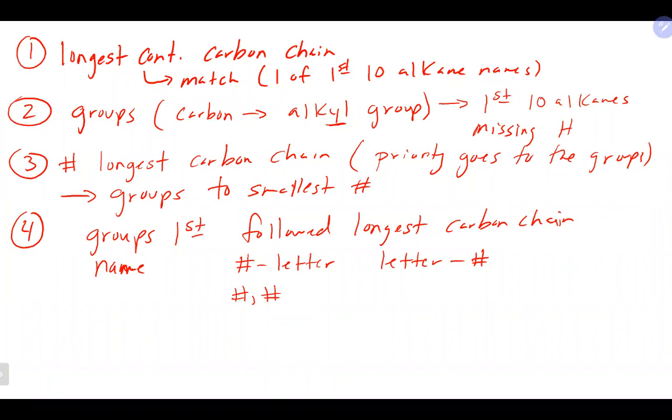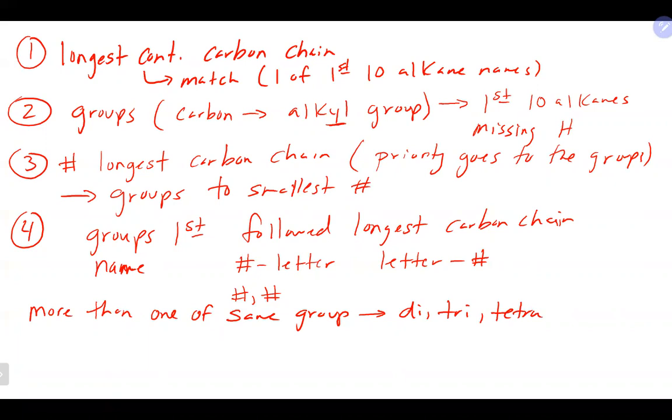Now, when we go to name the groups, it can occur, like it does in this one here, that you might have more than one of the same group in the actual compound. When you have more than one of the same group in the compound, we do use prefixes. For example, di is 2, tri is 3, tetra is 4.